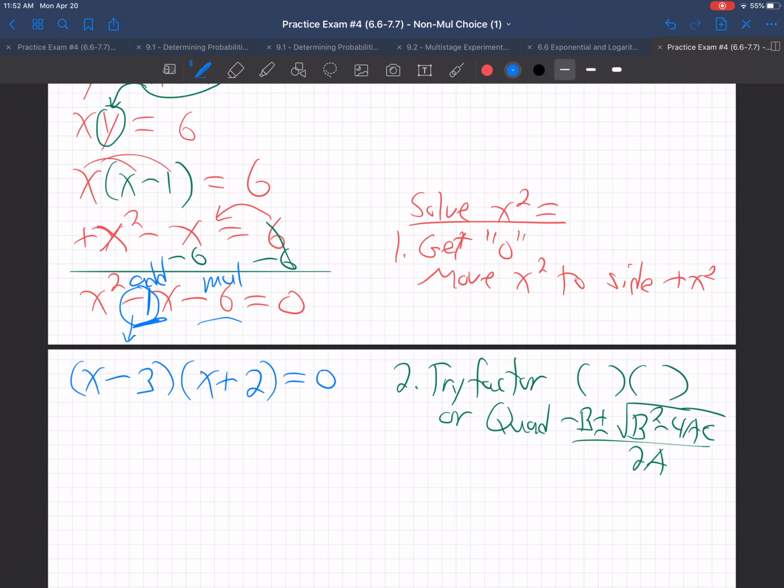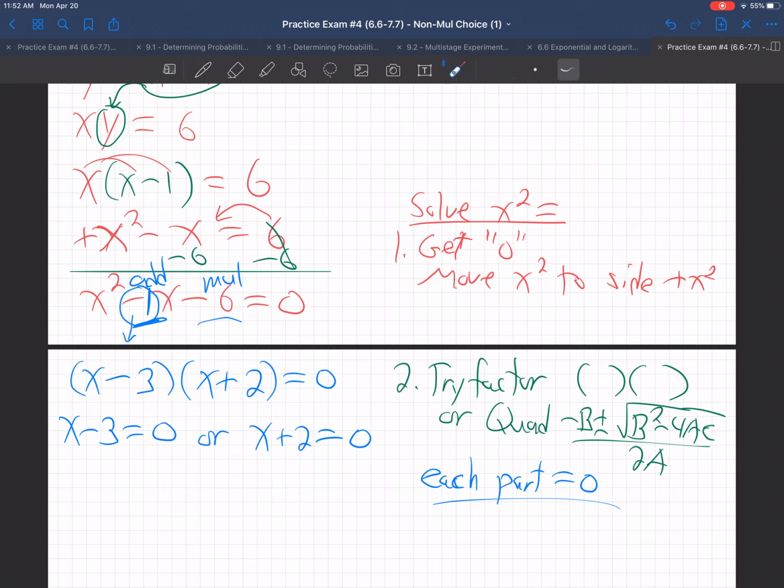So now, what's our next step? Each part equals 0. In other words, I take the x minus 3 alone, that's equal to 0, or the x plus 2 alone is equal to 0. Why can we do that? Why can we go from only 1 equals 0, and now suddenly we have 2 equations equal to 0?